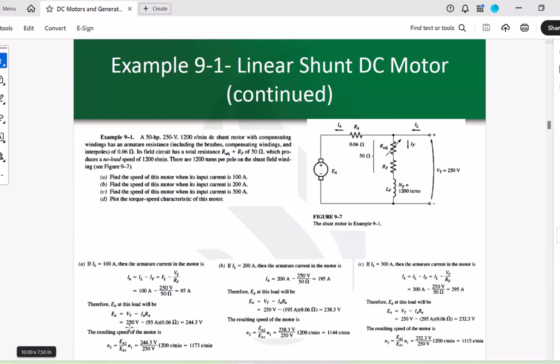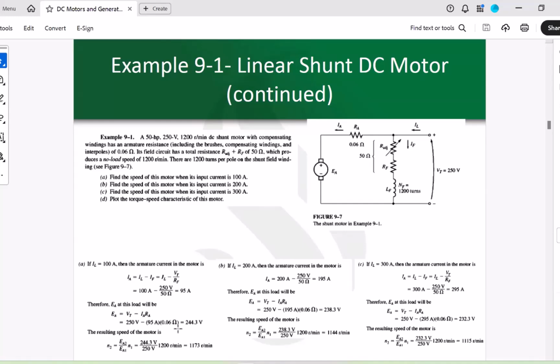So EA would be 250 minus 95 times 0.06, which gives EA equal to 244.3 volts. Through here, you can find N2 in the second condition, from EA2 over EA1 times 1200, which means 1173 RPM. This is basically in the first case.